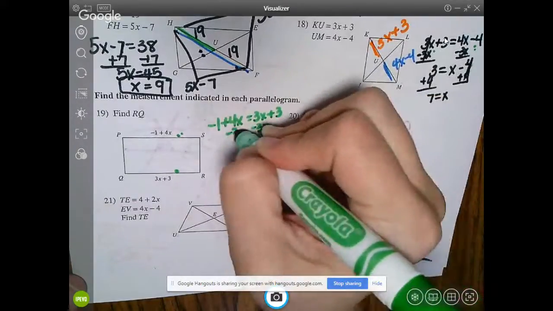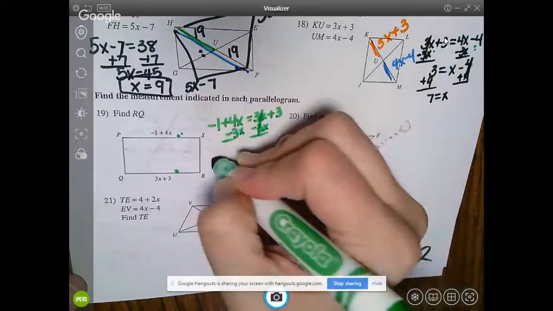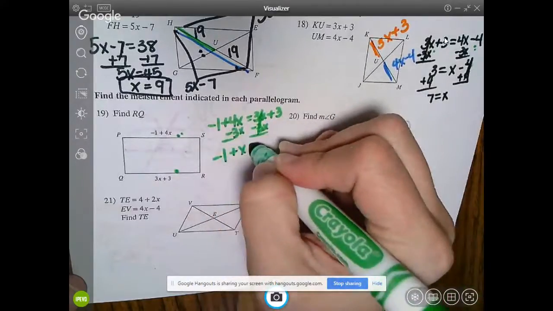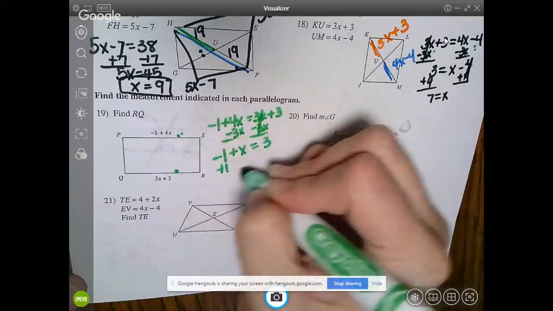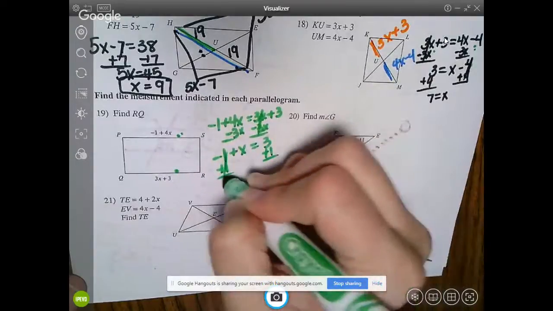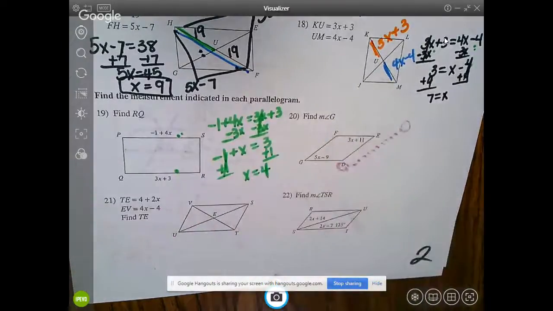I'm going to move the 3x so that I can keep my x's positive. Add 1 to both sides. X equals 4.